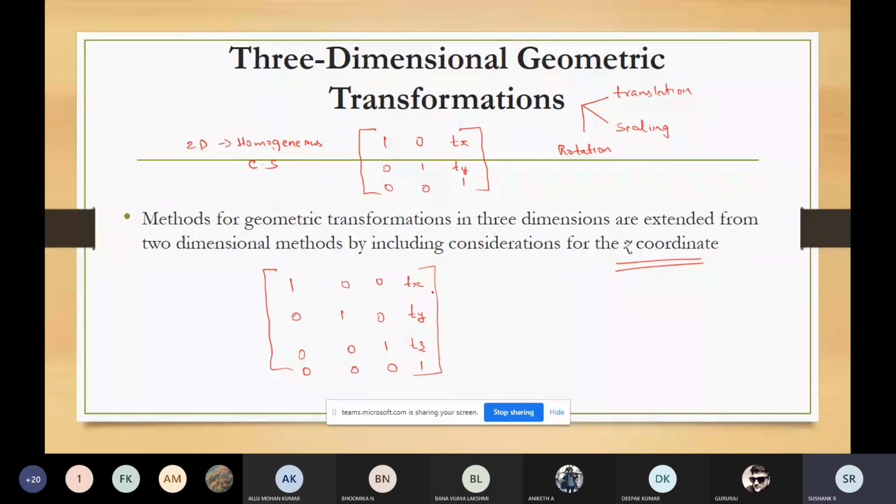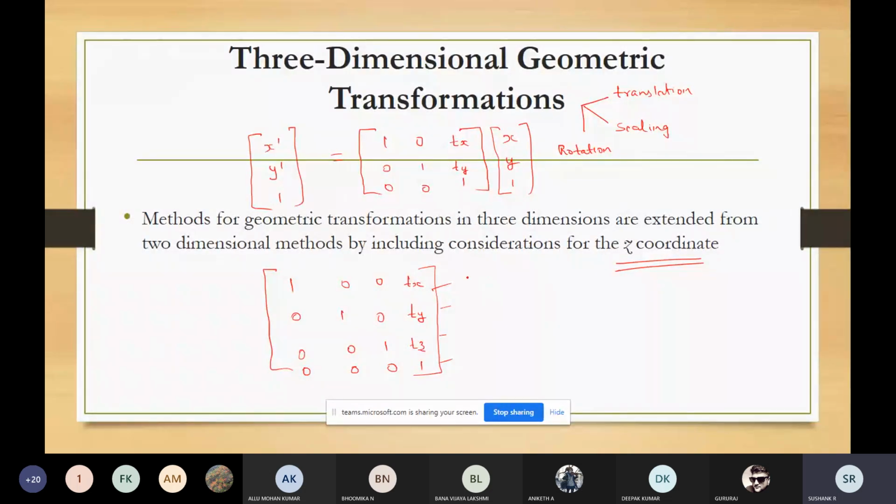The transformation matrix consists of 4 into 4. In 2D, if this was our transformation matrix, we were writing x, y, 1, and the new coordinates were x dash, y dash, 1.